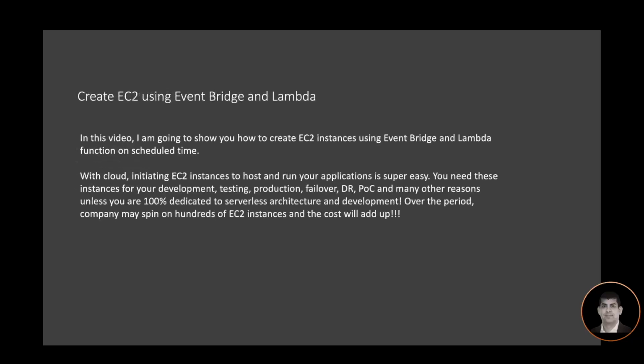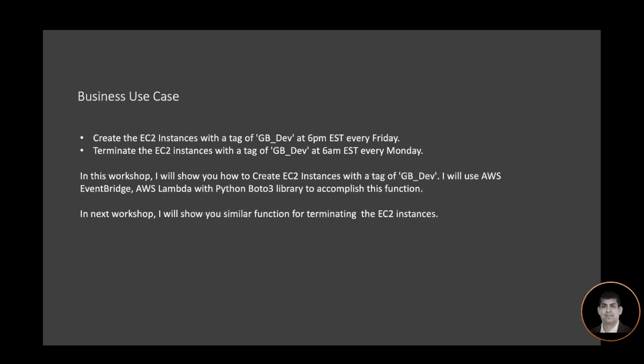Let's look at our use case. Our use case is to create the EC2 instance with a tag of gbdev at 6 p.m. Eastern every Friday. Another use case is to terminate the EC2 instance with the same tag of gbdev at 6 a.m. every Monday.